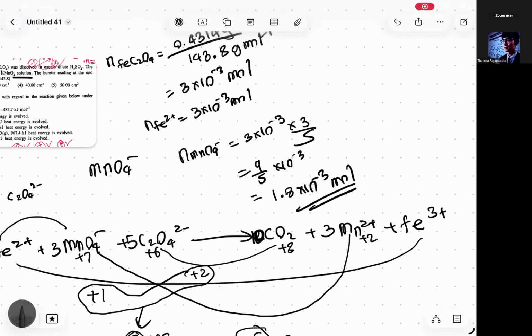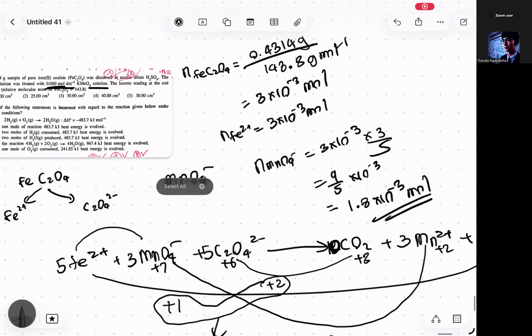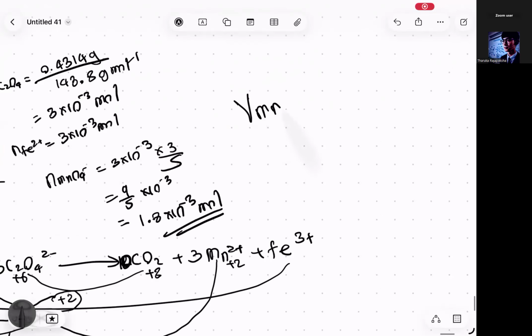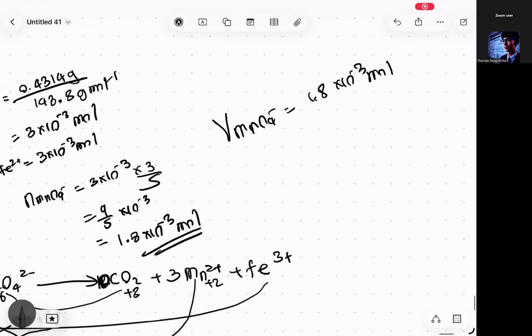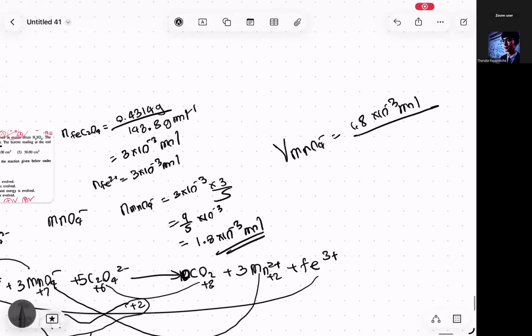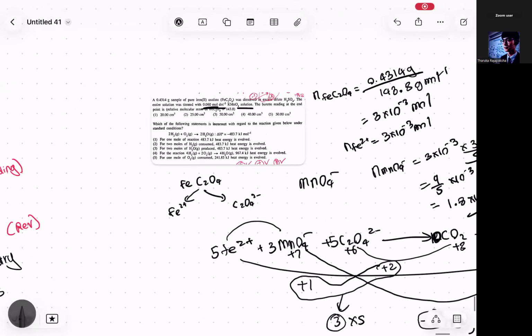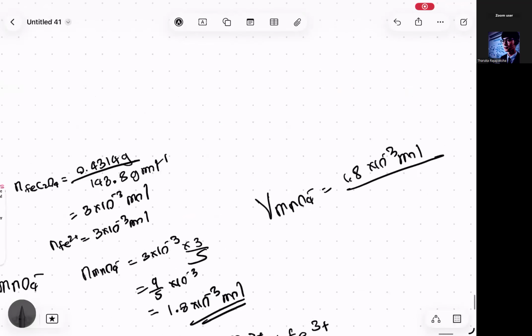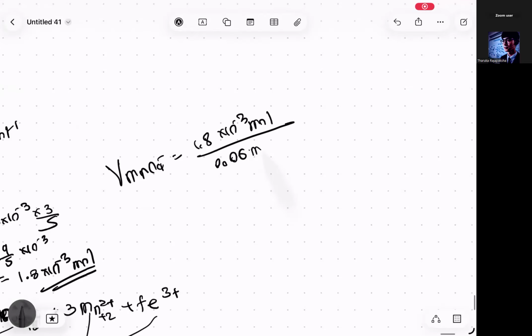After you calculate the number of moles of MnO4-, you can go for the volume of it by dividing with the concentration, the volume of MnO4- consumed. So 1.8 into 10 to the power minus 3 moles divided by the concentration, which is going to be, what is the concentration? 0.06 mole per cubic decimeter.